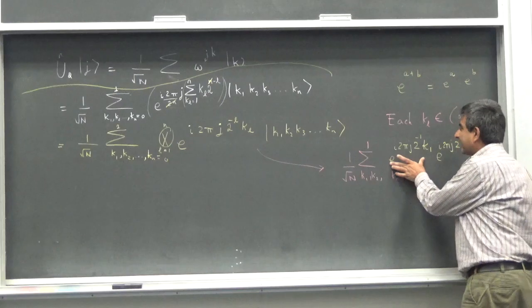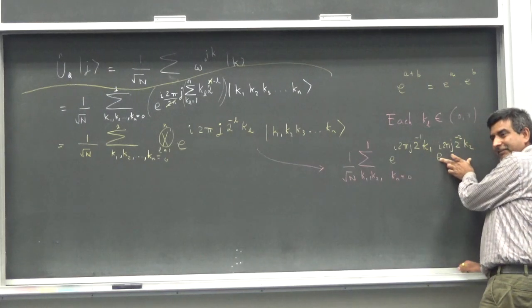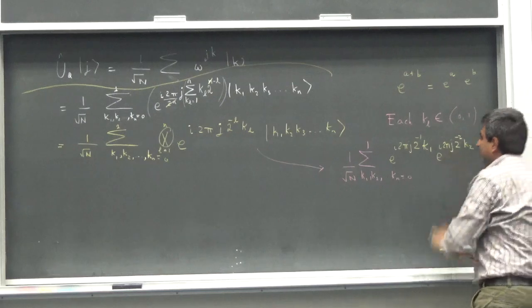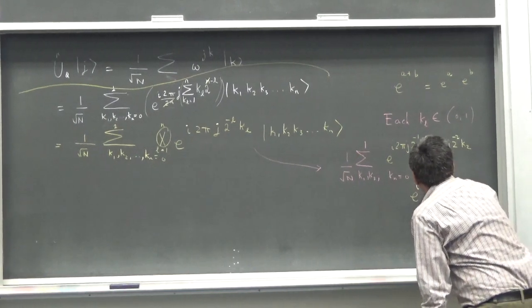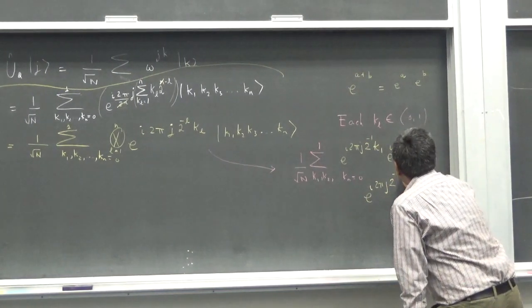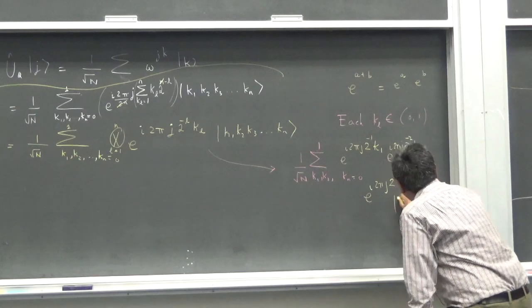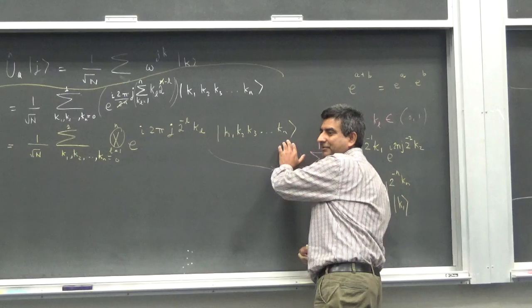Remember, this is now just a number. It's a scalar, amplitude 1, just a phase. This is just another phase. And this goes all the way up to e^(i 2 pi j 2^(-n) kn). But all of this is acting on k1. So now I'm just going to write this in a different fashion.